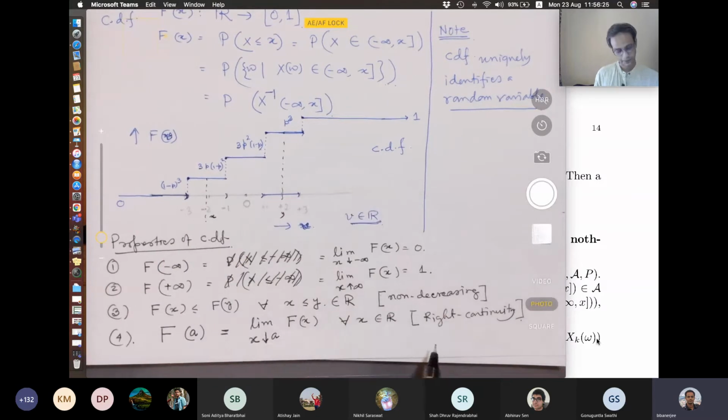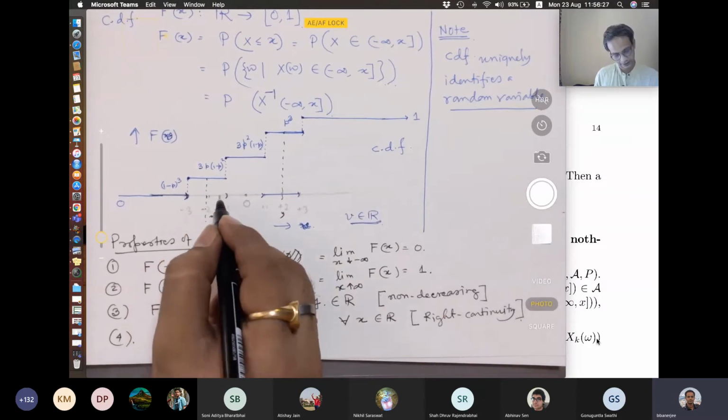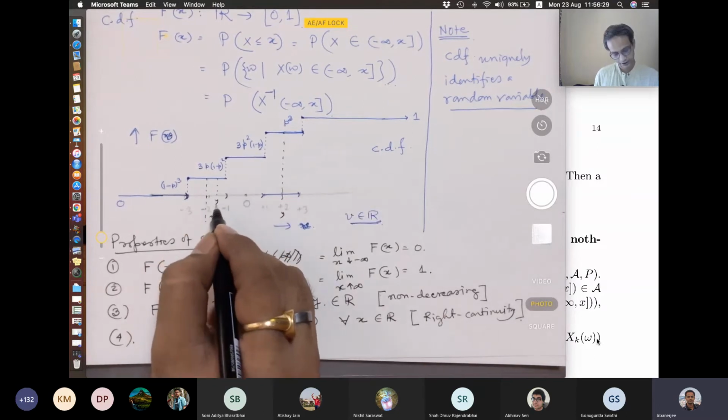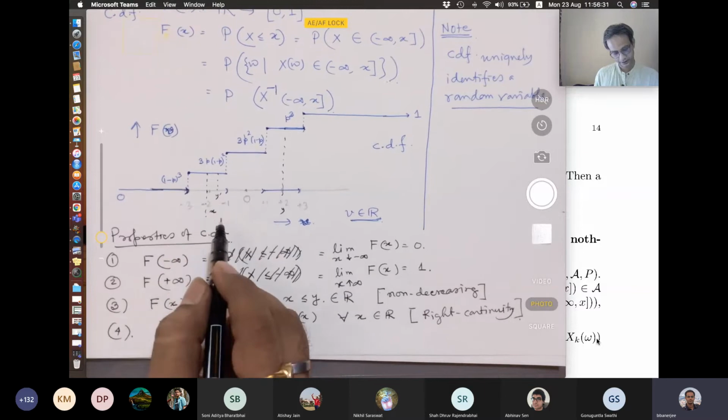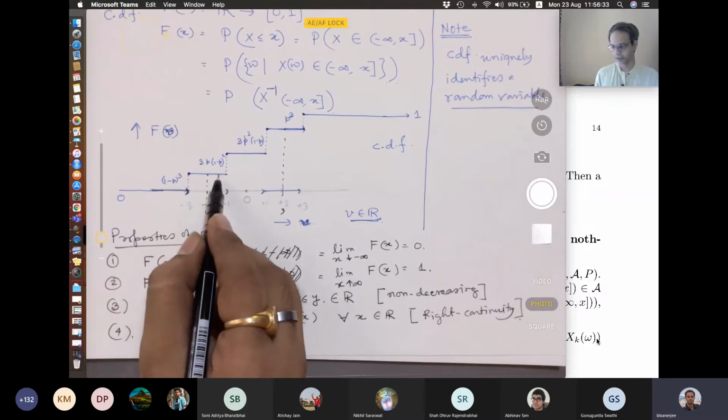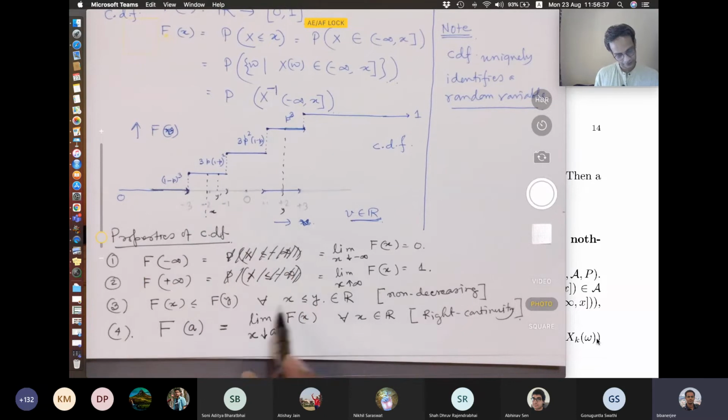But if x is here and say y prime is here, then F(x) value is the same as F(y prime) value. So if x is strictly less than y, then F(x) is either strictly less than F(y) or the same as F(y). That's why F(x) is less than or equal to F(y).